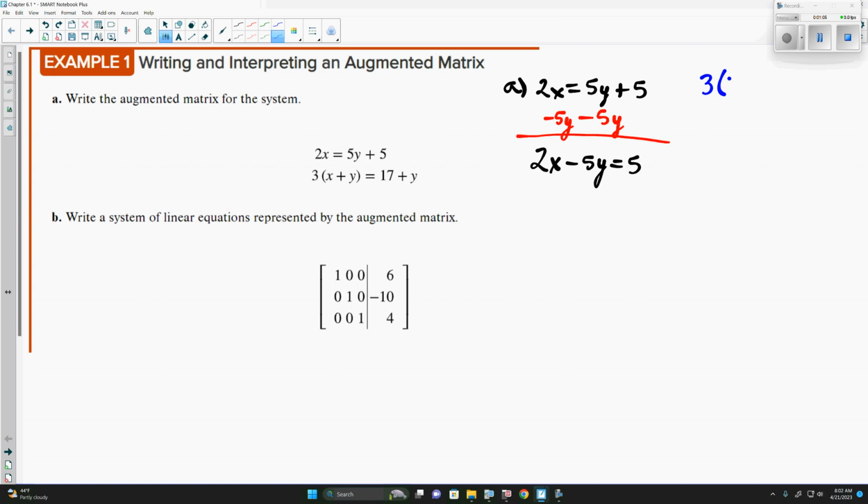We have 3 times x plus y is equal to 17 plus y. So we need to get it in a similar form, x, y. And to do that, the first thing we're going to do is multiply through by the 3. 3 times x is 3x, 3 times y is 3y, is equal to 17 plus y.